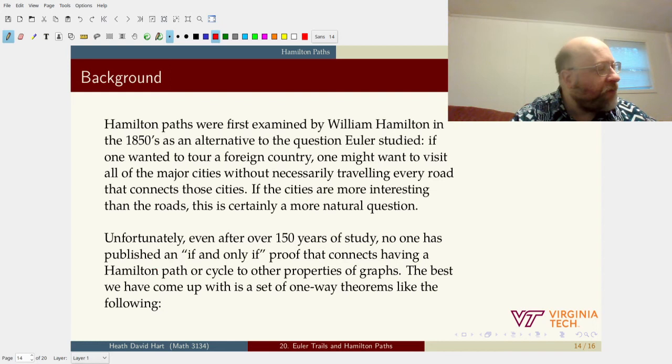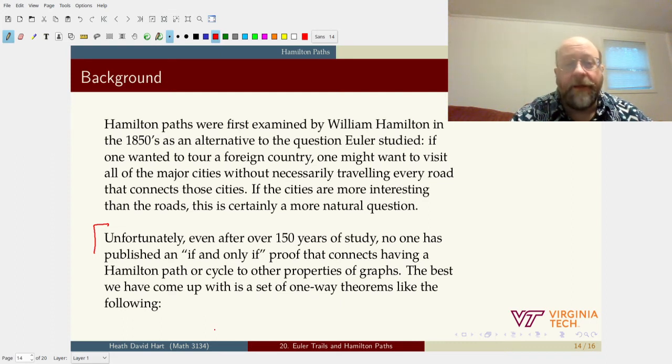And it turns out to be a very hard question. Over 150 years later, nobody has figured out an if and only if condition that connects having a Hamilton path to other properties. So for Eulerian, we could say, yes, a graph is Eulerian if it has only vertices of even degree, and it's connected.